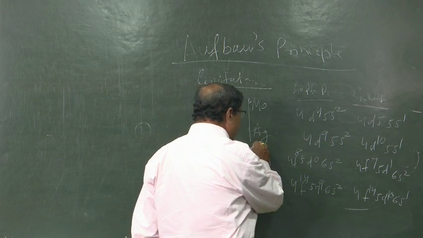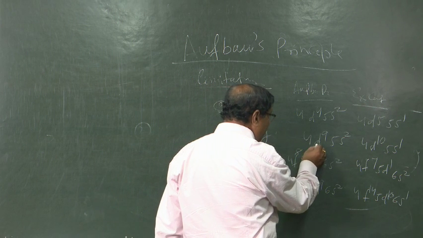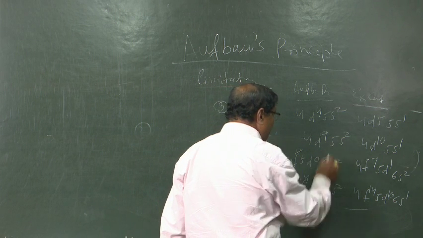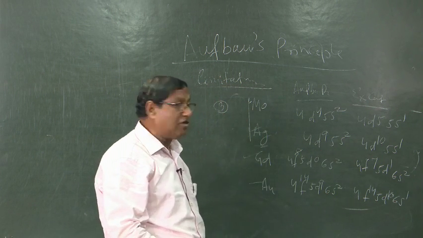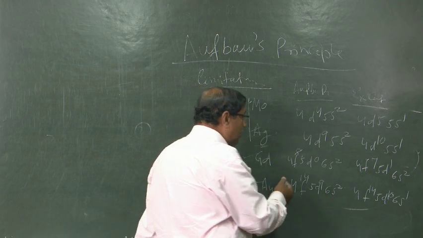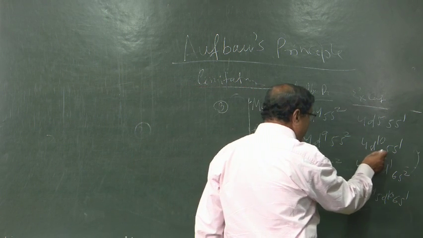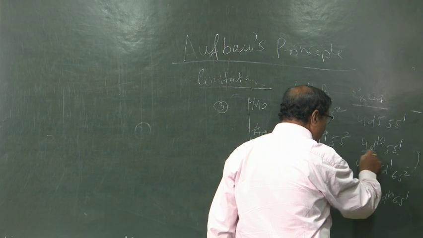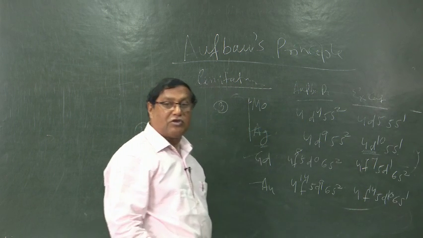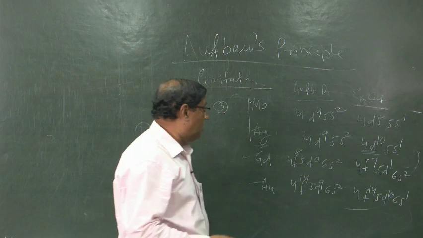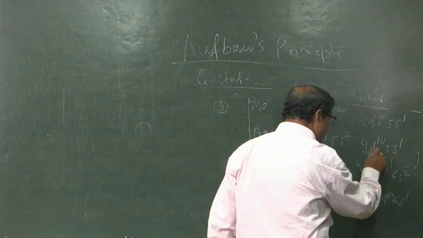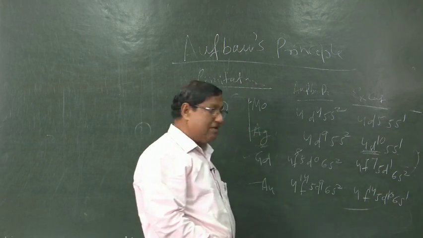According to the above principle, the outer electronic configuration is 4d9 and 5s2. But actually it is 4d10 and 5s1, because a completely filled shell is more stable than an incomplete shell.